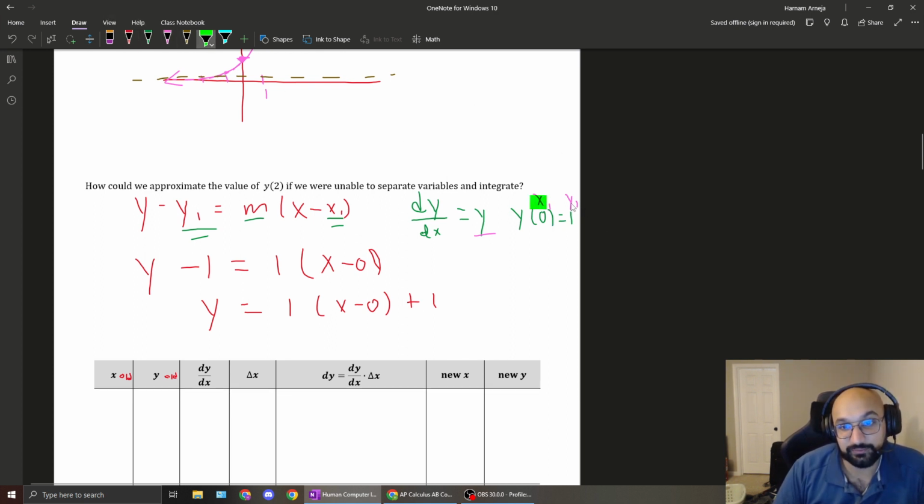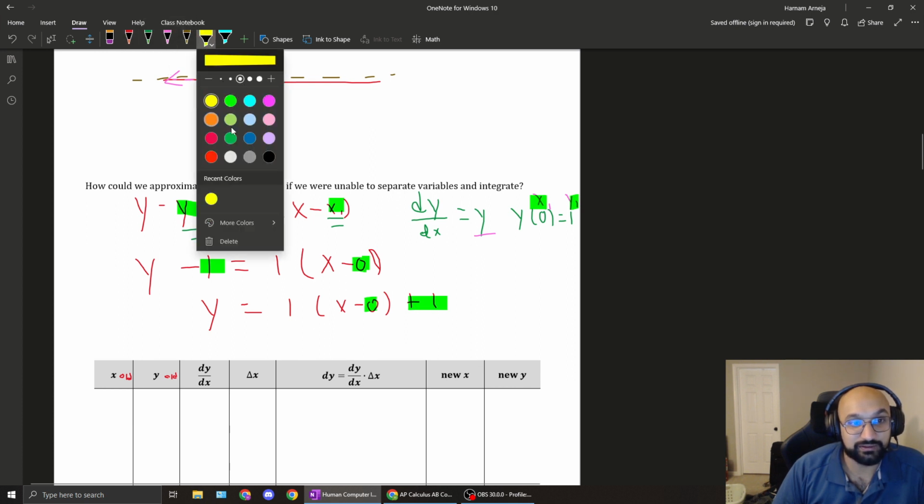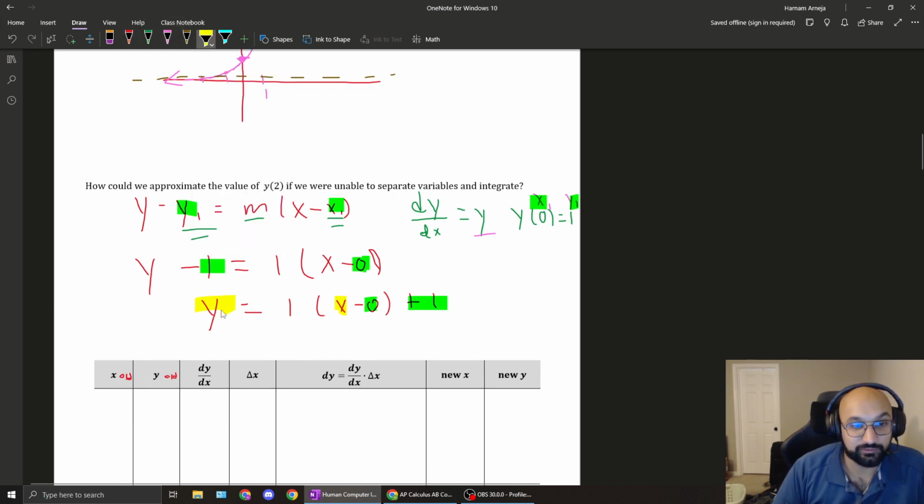So they're here and here, which means they live here and here. If you follow through with all the algebra, you'll see they end up where they are. What we're trying to do is figure out what our new x should be, and based on our new x, what our new y should be. So if you relabel all of these to match down there, what we get is y new equals 1 times x new, and that's going to be x old.